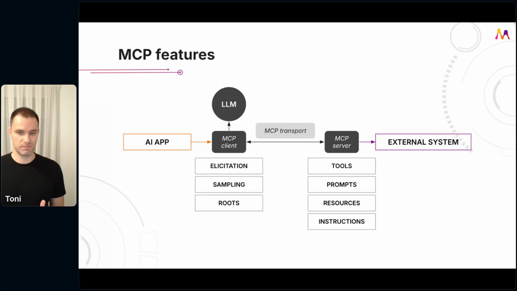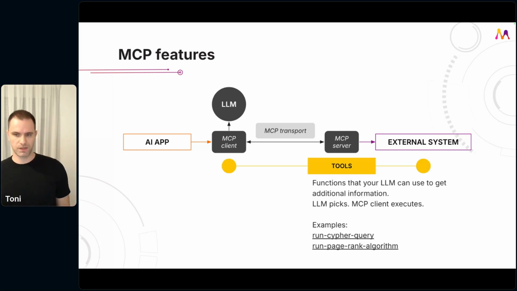Usually, the tools and prompts are the ones that are mostly implemented. The tools are the functions that your LLM can use to get additional information. The LLM is the one that picks what to call and what to use, but the MCP client is the one that executes that on the server to get the information and give it back to the LLM.